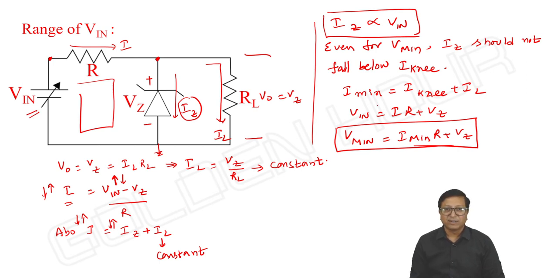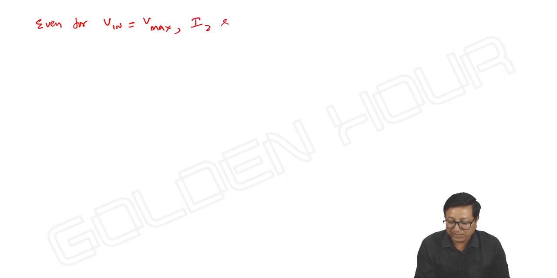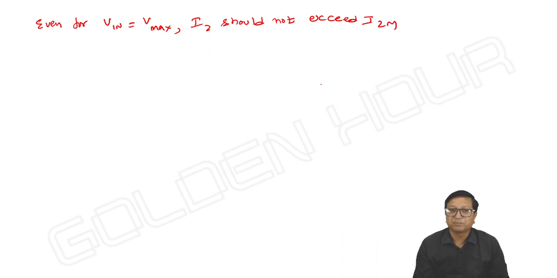Similarly, even for input maximum, the current through the Zener diode should not exceed its IZM. Take that as my second step. So even for V input equal to V max, IZ should not exceed IZM.